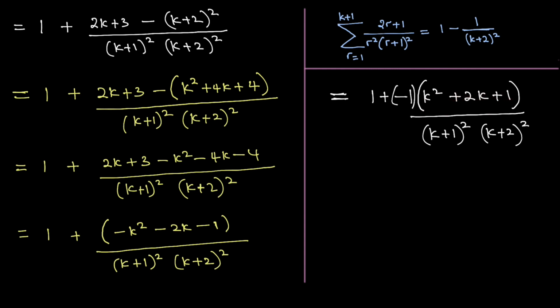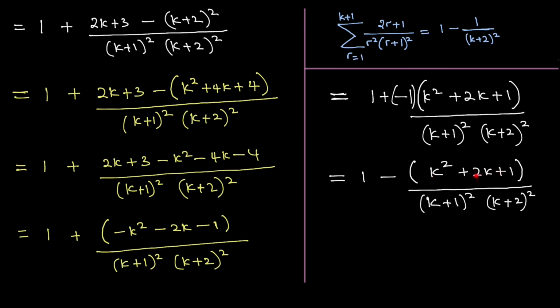Factorize that, but plus times minus is minus, so 1 minus this one here in bracket, (k squared plus 2k plus 1), divided by the denominator. Now what we need to do is simplify this by factorizing that. If you look at (k+1)^2, that will be equal to k squared plus 2k plus 1, and that's what I've got here.